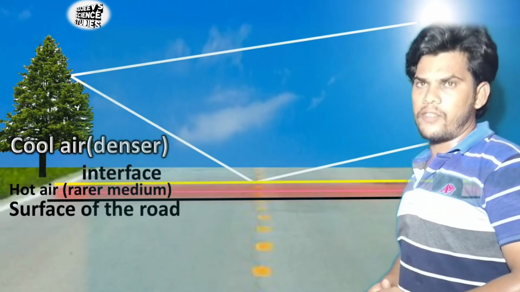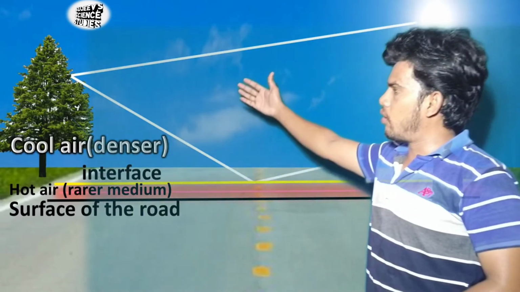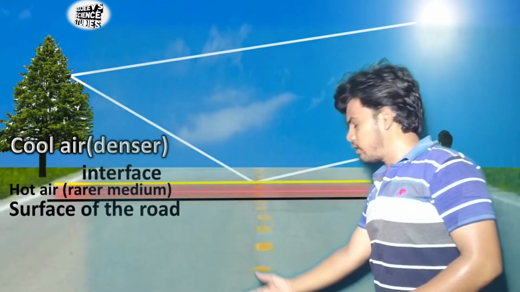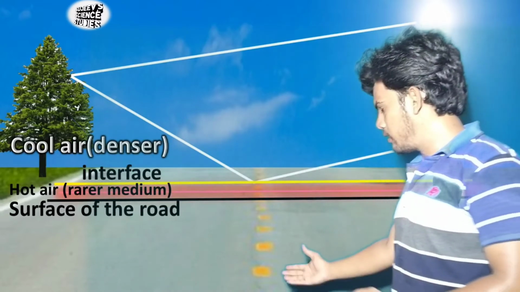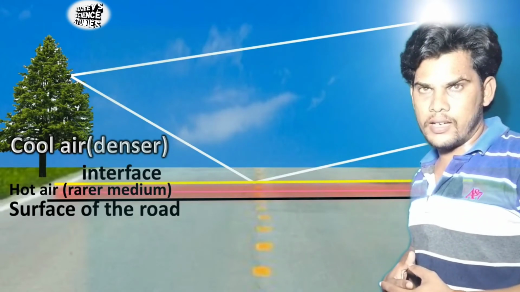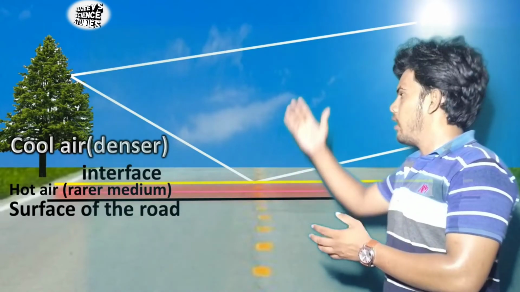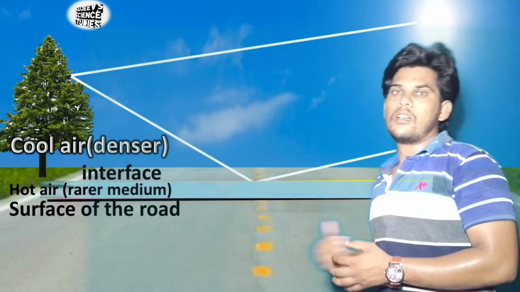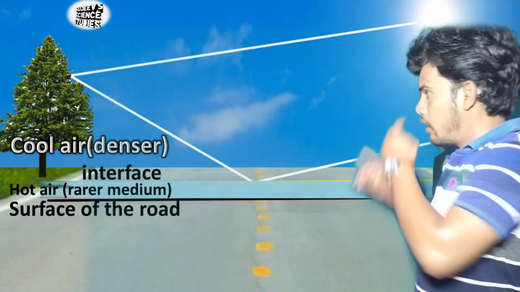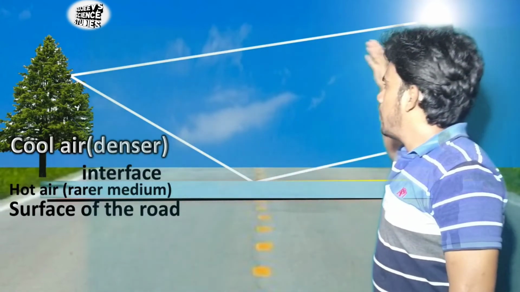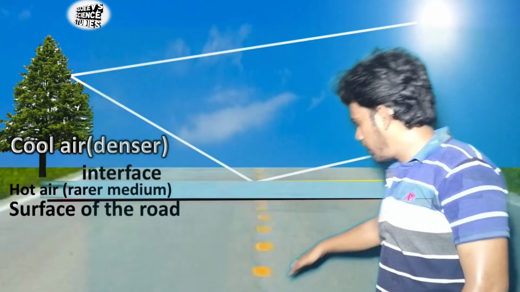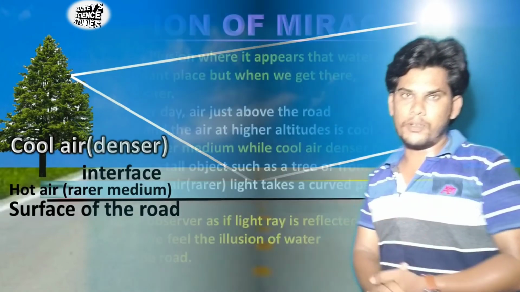Due to the total internal reflection, the image of the tree or object, even sometimes the sky, appears on the surface in a virtual manner. So this is one kind of virtual image. That image appears to our eyes as water there, or as an image of the tree at the surface of the road. This is due to total internal reflection. When light falls on the object, goes down and comes back, total internal reflection takes place, and then the object appears as if collected at a place.